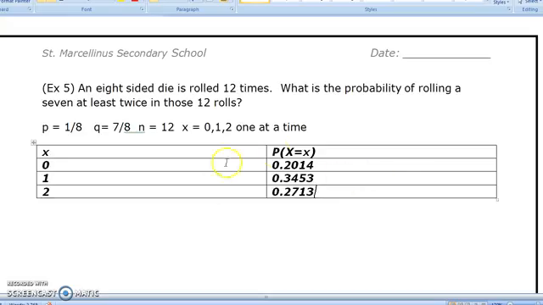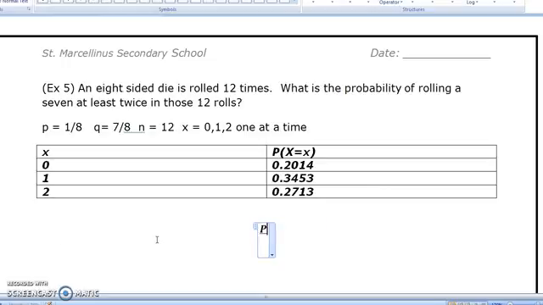Okay, if we were to add up all of these things, remember our final statement here: P that X is less than or equal to 2 is given by P of 0 plus P of 1 plus P of 2, right?